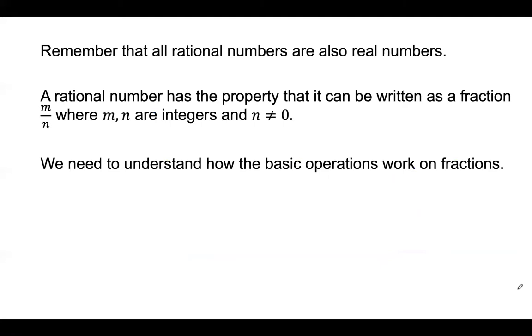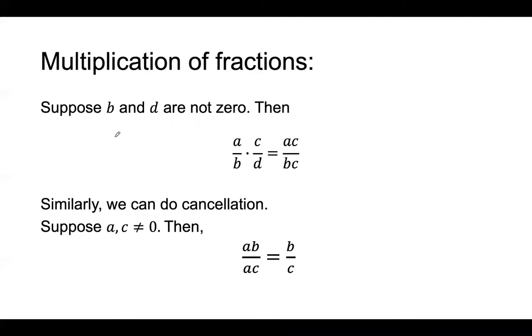So remember that all rational numbers are also real numbers, which we talked about in the first lecture. A rational number has the property that it can be written as a fraction of m over n, where m and n are integers, and the denominator here does not equal 0. We need to understand how the basic operations work on fractions. So suppose B and D are not equal to 0.